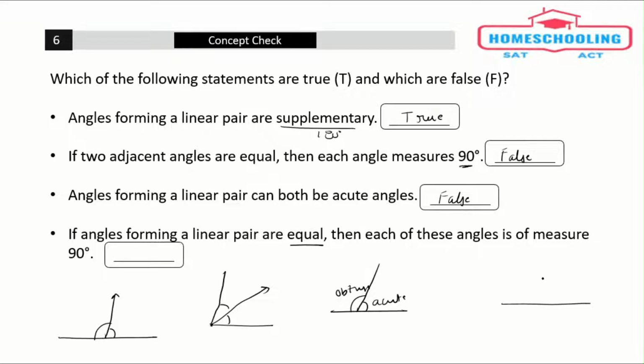It can be only equal when the ray is perpendicular like this and both the angles are 90 degrees. So yes, if both the angles are equal, then the measure of both the angles would be 90 degrees. This is the only possible case, so this one is true.